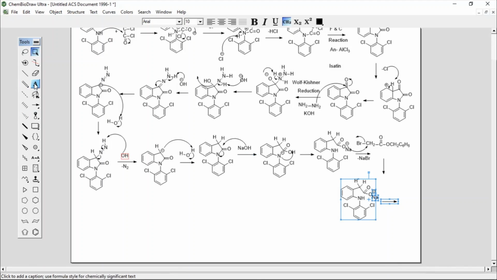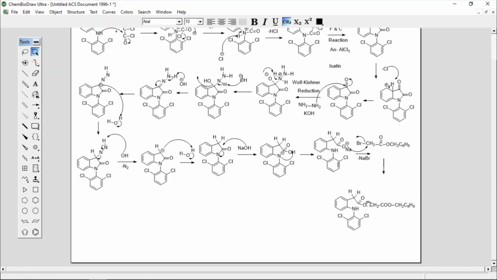So this oxygen will join to this CH2. So oxygen single bond CO, CH2, CH2, C6H5.